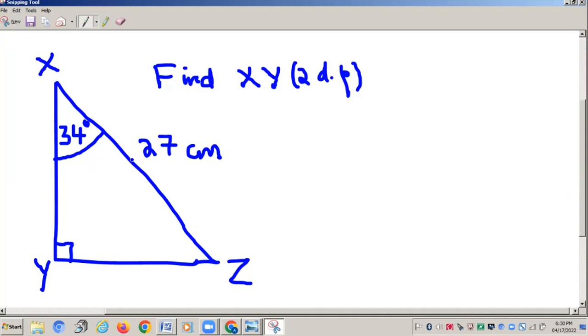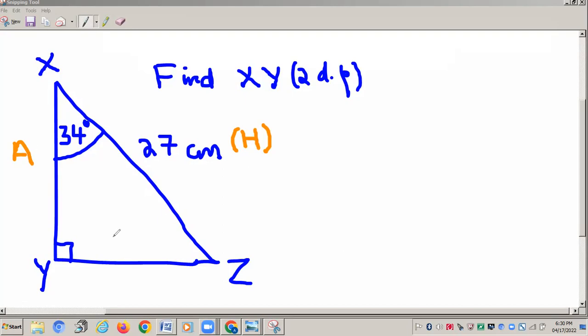All right, so the first thing you're going to do is to label each side. Which side is the hypotenuse? 27, XZ. Which side is the adjacent side? XY. And then this must be the opposite.